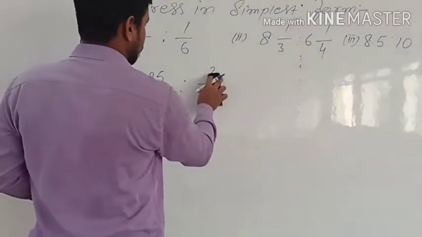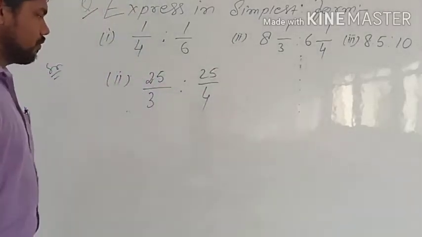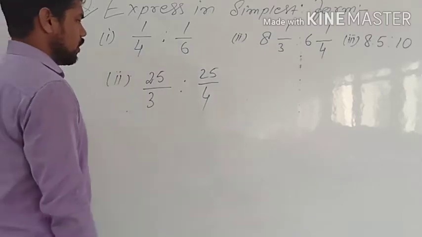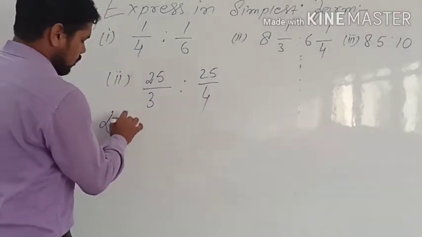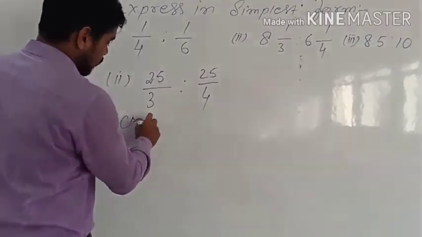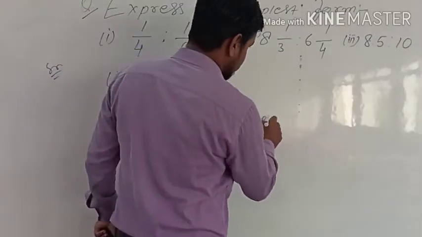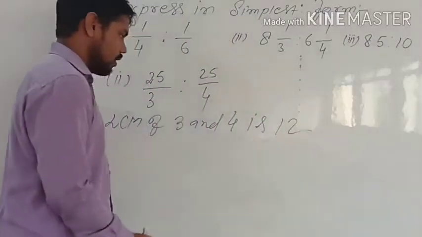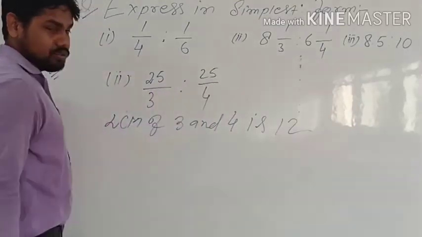No, 25 by 4. So this is the ratio. Now you have to find the LCM of 3 and 4. LCM of 3 and 4 is 12, right?